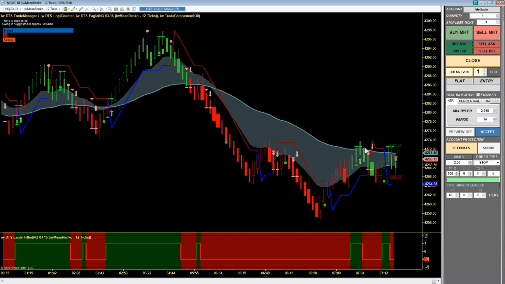Now actually on the Eagle, we're working a rule of three signal. The rule of three is actually our counter trend signal, where we end up printing three signals against the hard edge. Remember, our band gives us our directional bias.